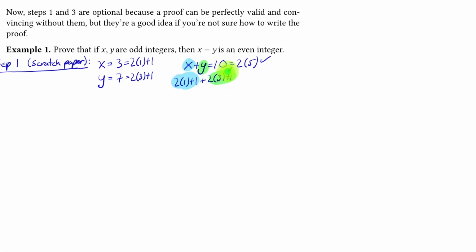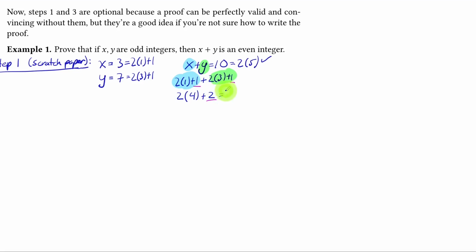And maybe you could combine some like terms, like these are all multiples of 2 in front, so you could write that as 2 times 4. And then the 1 and the 1 combine to make 2. And you can write that as 2 times 4 plus 1. Yeah, 2 times 5. Okay. And at this point, you might see how it works.